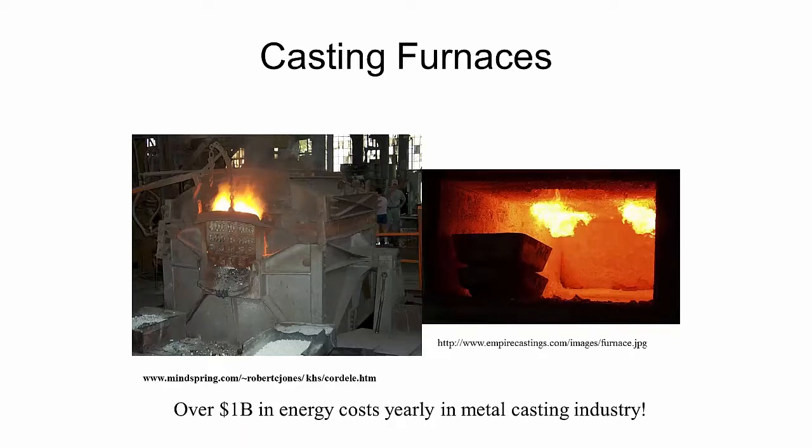One of the largest areas for energy utilization in the U.S. is in materials processing of metals. And heat transfer is an essential part of the materials processing systems. These could be anywhere from forging type furnaces.